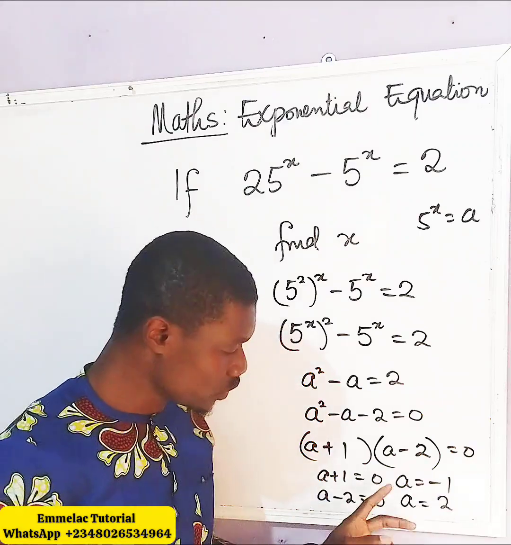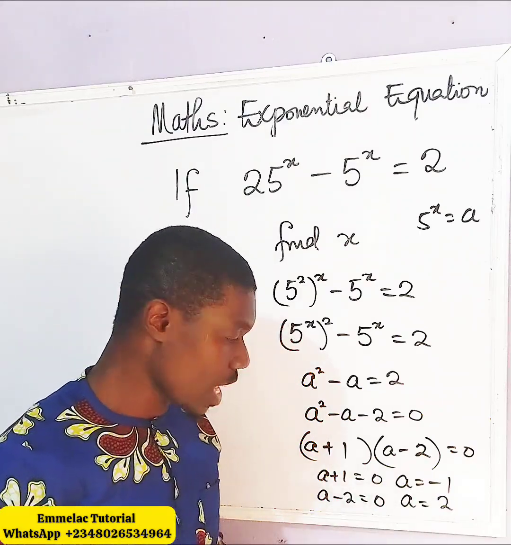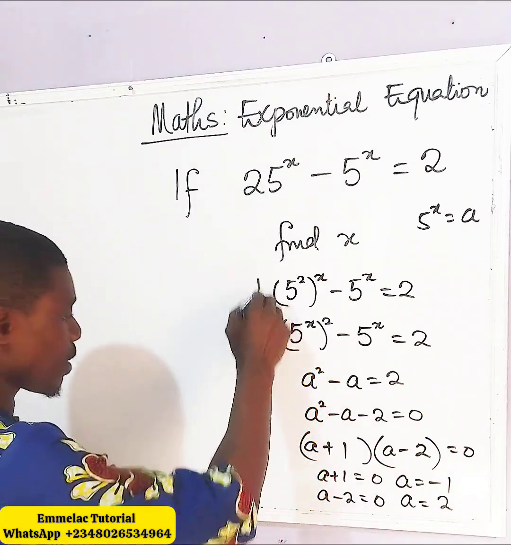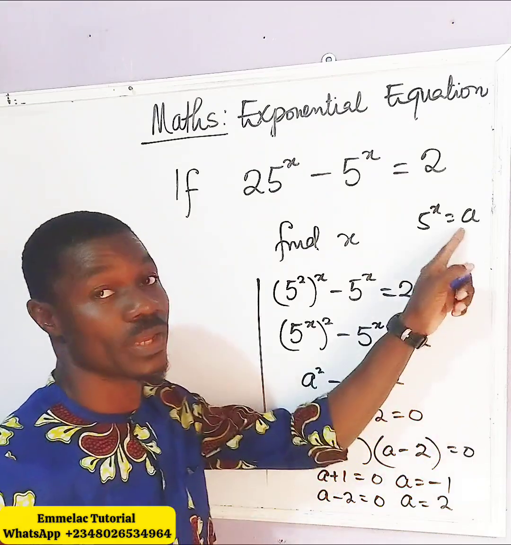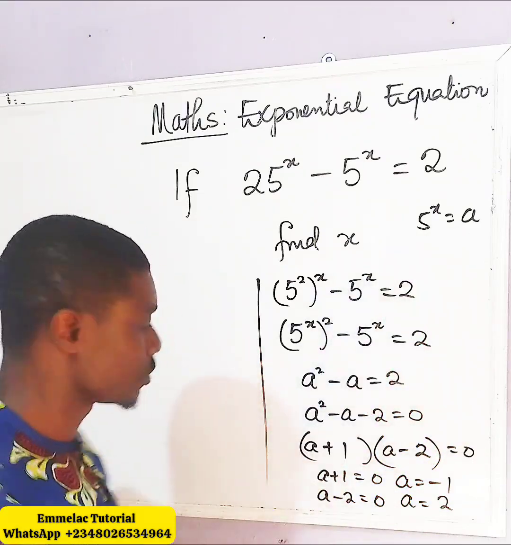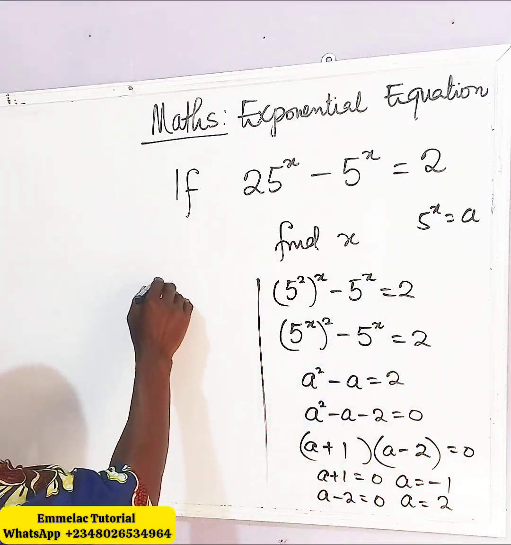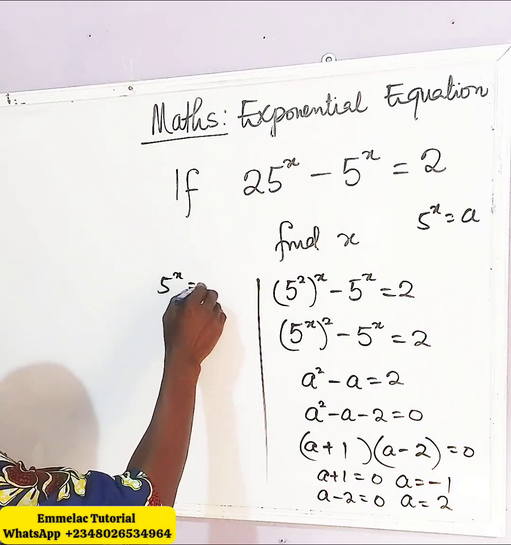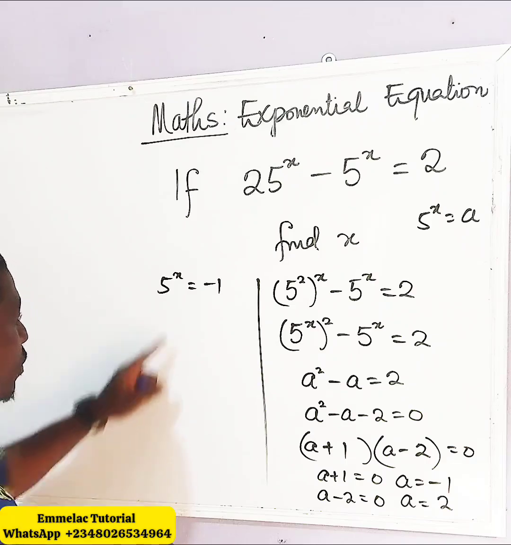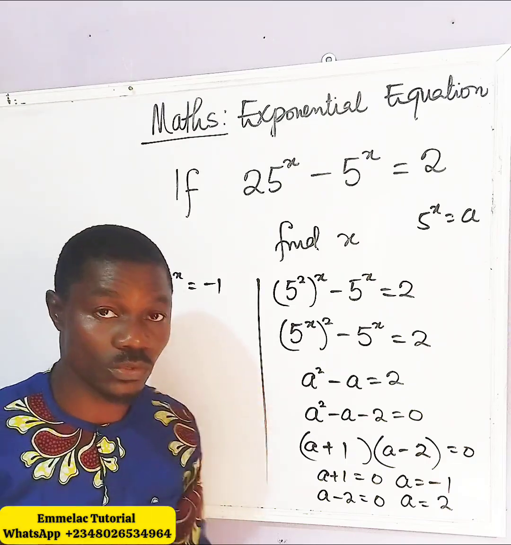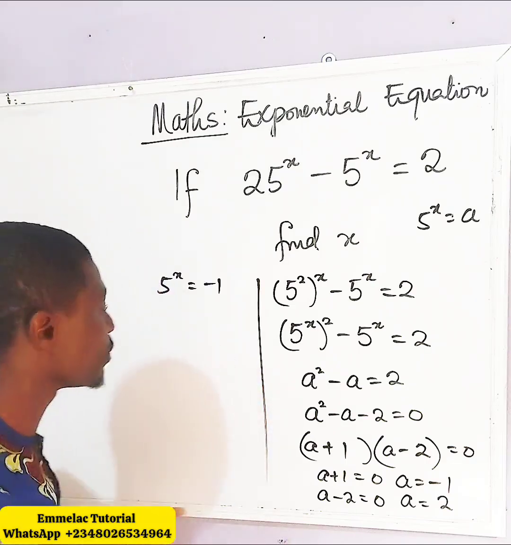Okay, now since the 2 values of a are negative 1 and 2, let us plug in these values for a to see how true. So here we have 5 raised to the power of x equals negative 1. For us to find x here, all we need to do is to apply the natural log to both sides of the equation.